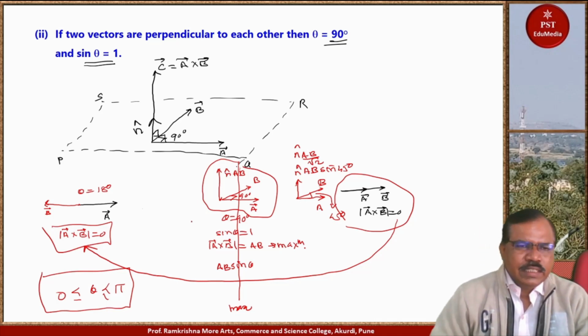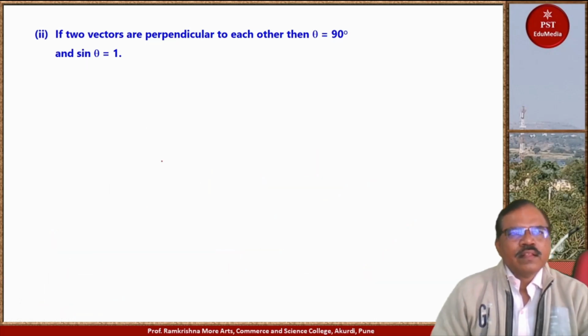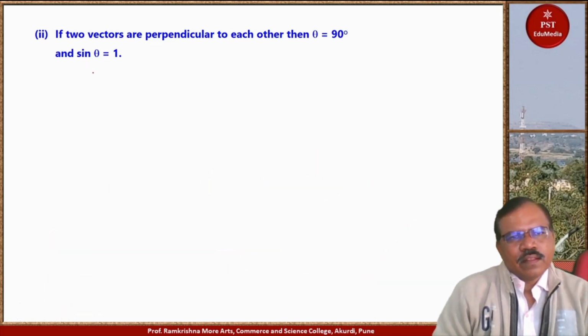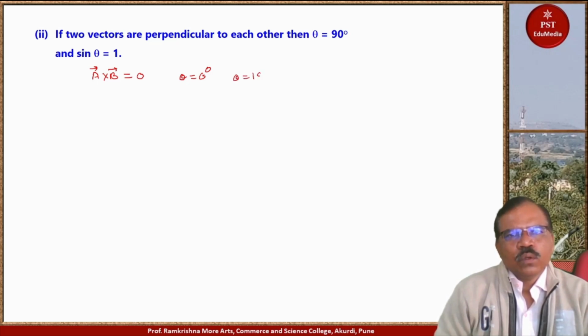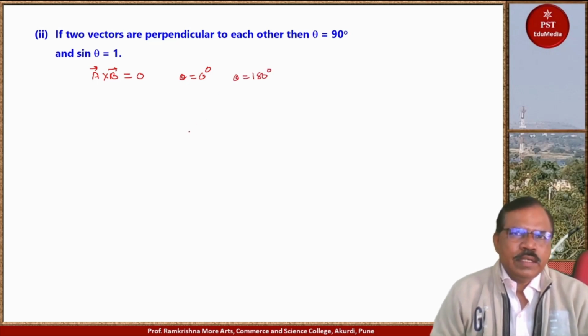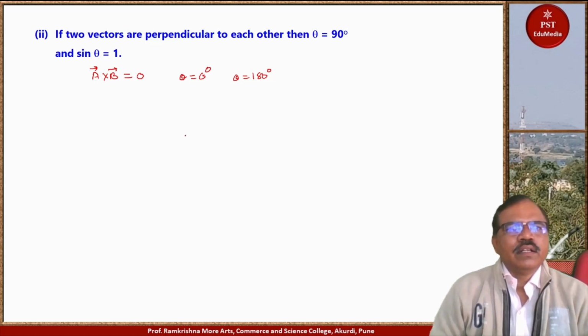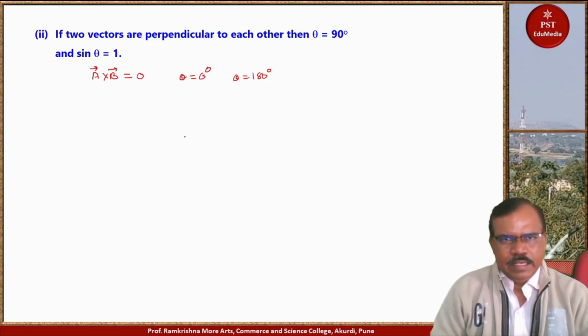So we have seen here that A cross B is equal to 0 when theta is equal to 0 degree or 180 degree.